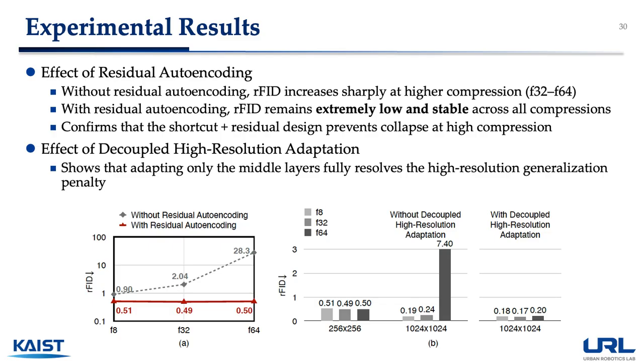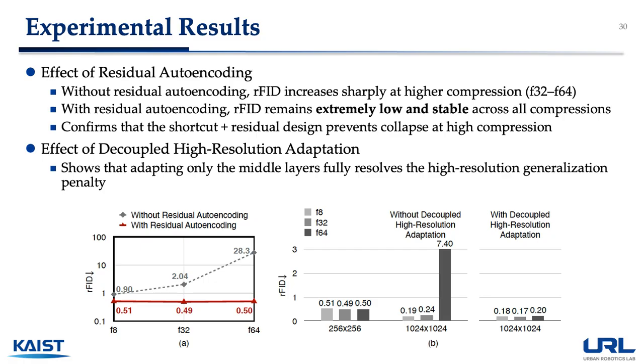On the left, without residual autoencoding, RFID quickly explodes at high compression levels. With our residual design, RFID stays extremely low and stable across all compressions, demonstrating that the shortcut plus residual structure prevents collapse.